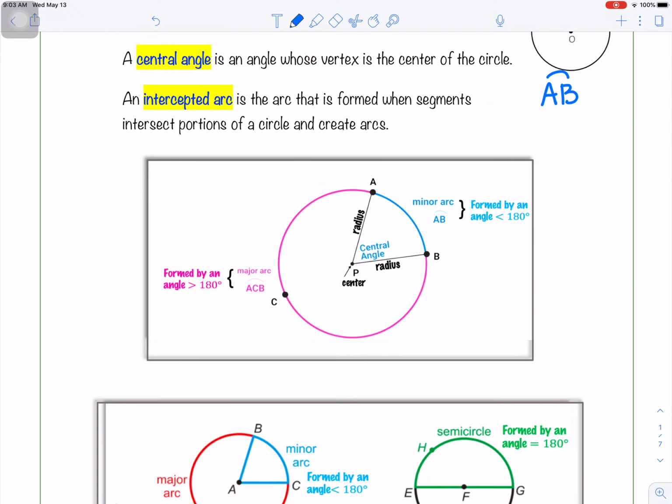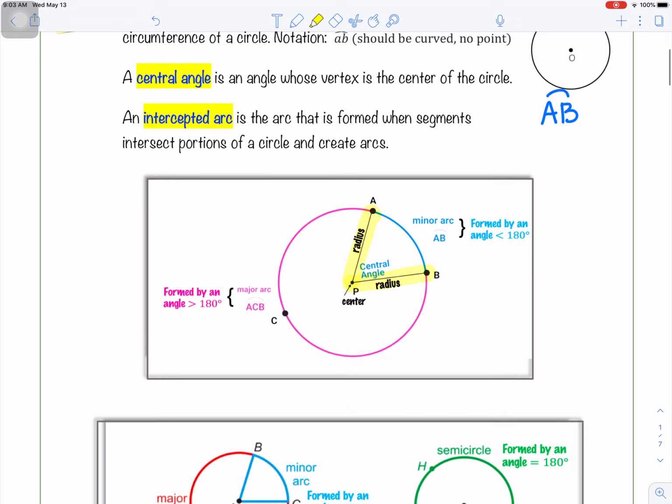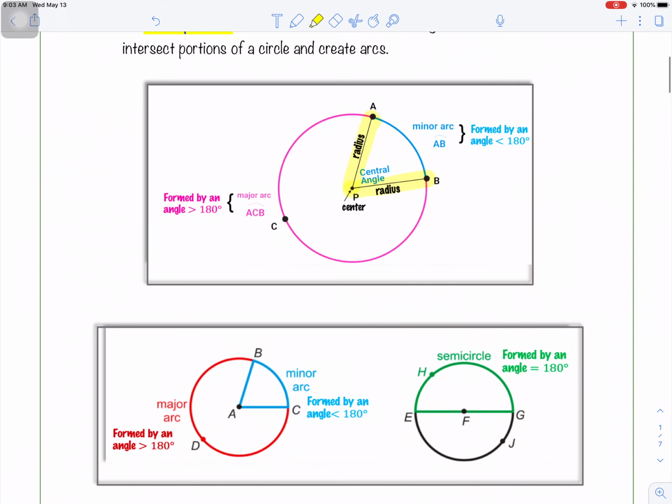So in this example, we have a radius and another radius meeting at the center point P, forming a central angle APB or BPA. Okay, that's the central angle. The central angle's in here.